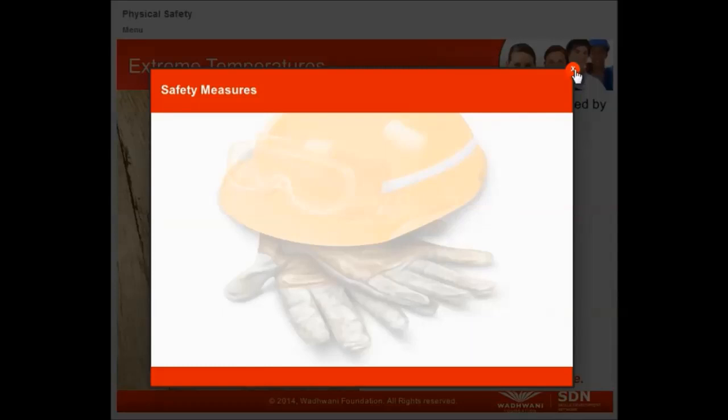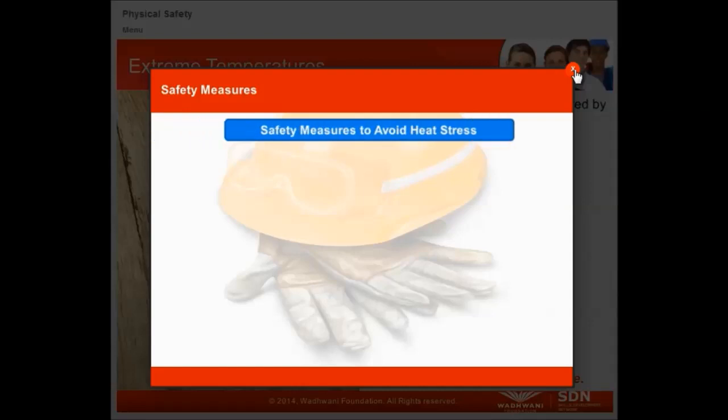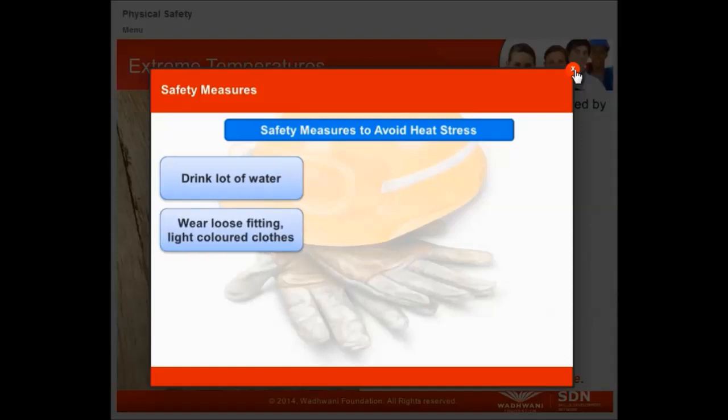Now let us look at the safety measures to avoid heat and cold stress. The measures to avoid heat stress are: drink lot of water, for example 1 cup every 20 minutes, even if you do not feel thirsty. Wear loose-fitting, light-colored clothes. Take frequent rests in shaded areas.